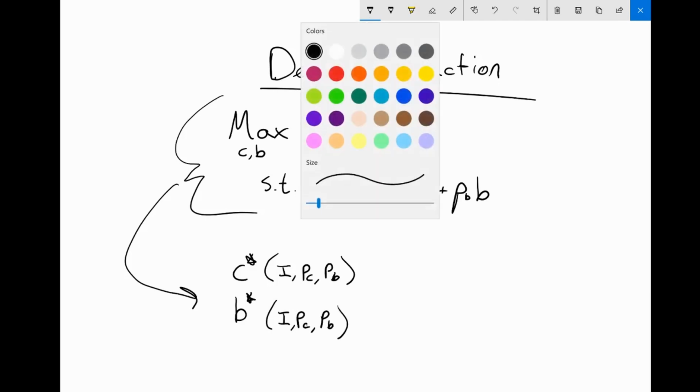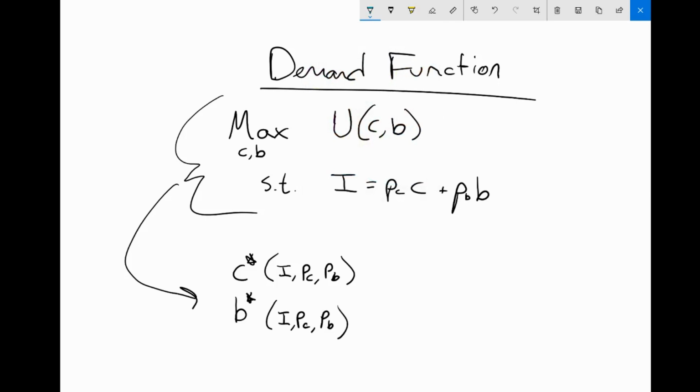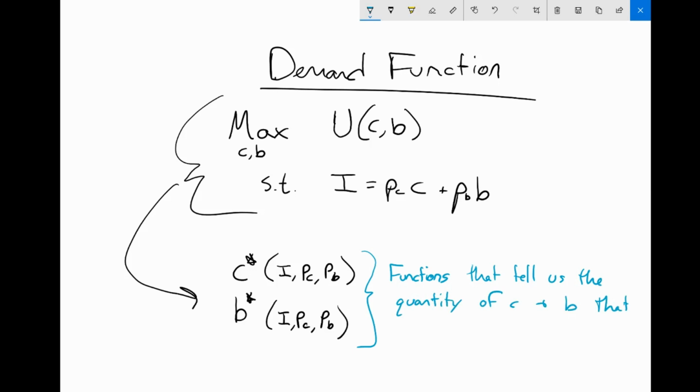And what these functions give us is the quantity of C and B that the agent will consume.